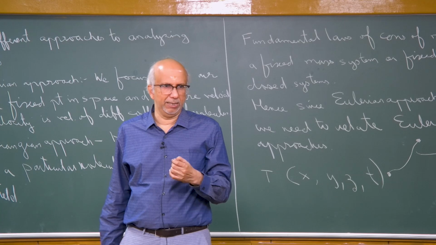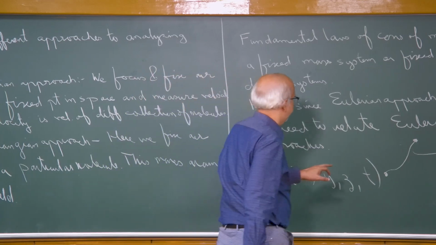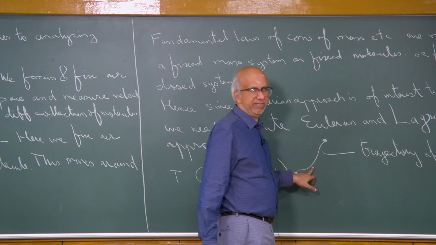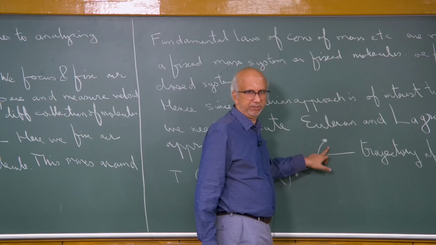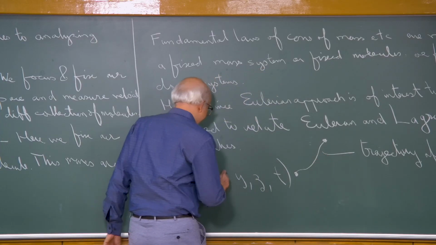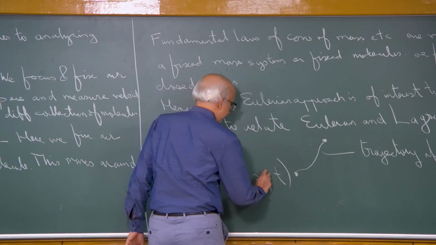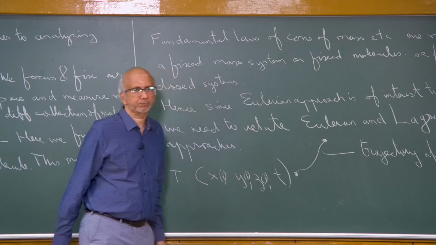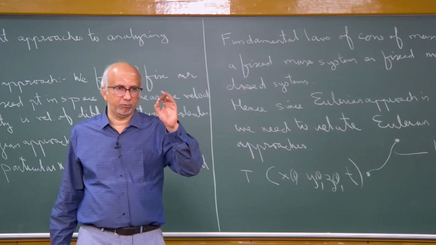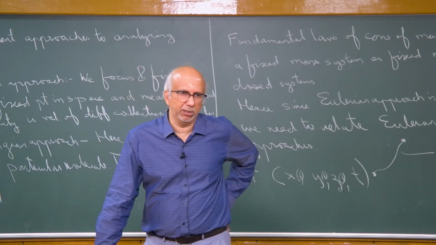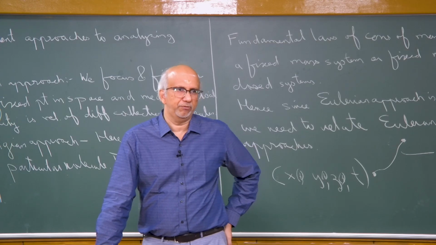At a particular time, this is my x, y, z. At some other time, my x, y, z is different. So, basically what I am trying to tell you is that these are all functions of time. I am focusing on a particular particle now, on a particular molecule. I am not fixing my position.